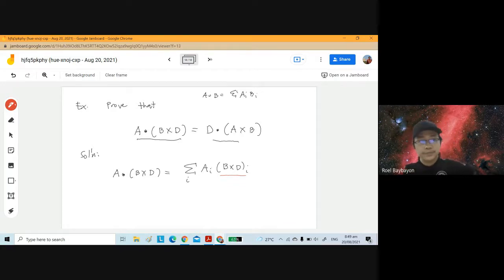So note that the i-th component of B cross D is a summation over some dummy variables J, K, any letter, of epsilon IJK, first B, then D: B_J and then D_K. Take note. Right? So we have epsilon IJK, B_J and then D_K.